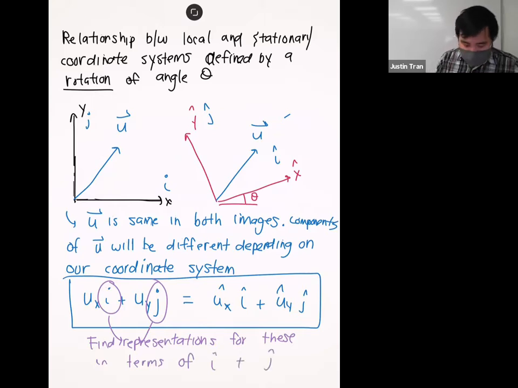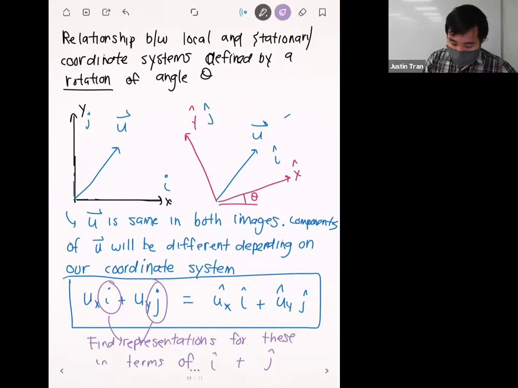We're going to form a transformation between the i's and the j's in one coordinate system and the other one using trigonometry.